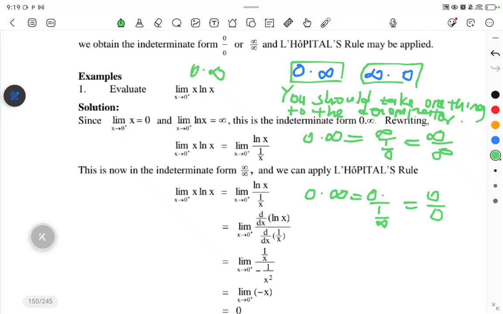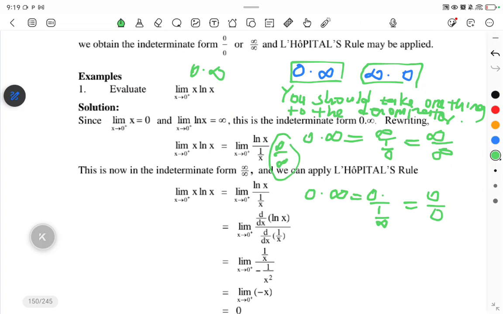That's why here we took x to the denominator, because it is easier to derive. Then when I take it to the denominator, this will become infinity over infinity. Then I can apply L'Hopital's rule.